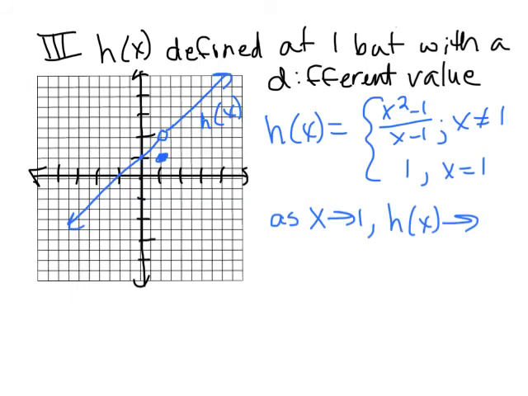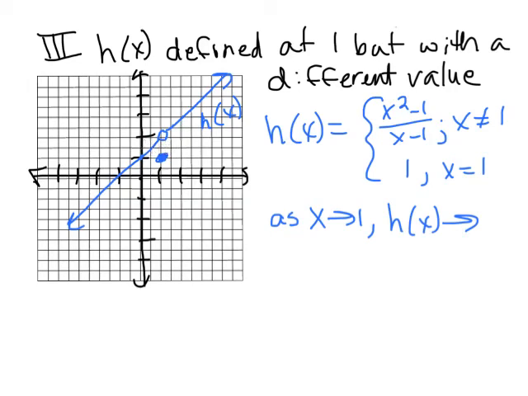So when we look at my function as x approaches 1, we're looking at two different things here. When we want to see the limit, we still follow along and look at where the function is approaching. So when you're following along here, my function is still approaching a value of 2, even though it's not defined there.